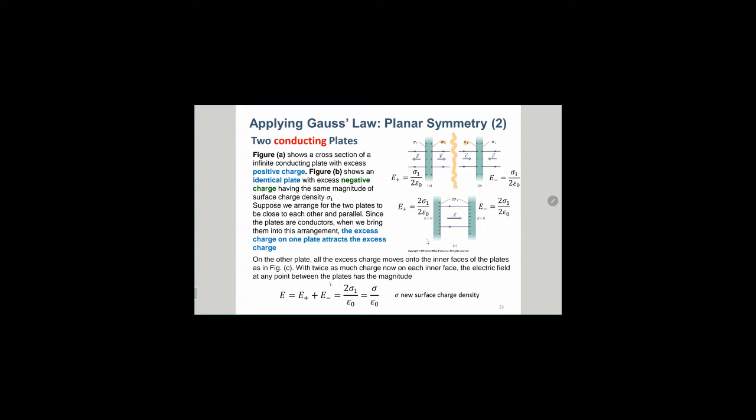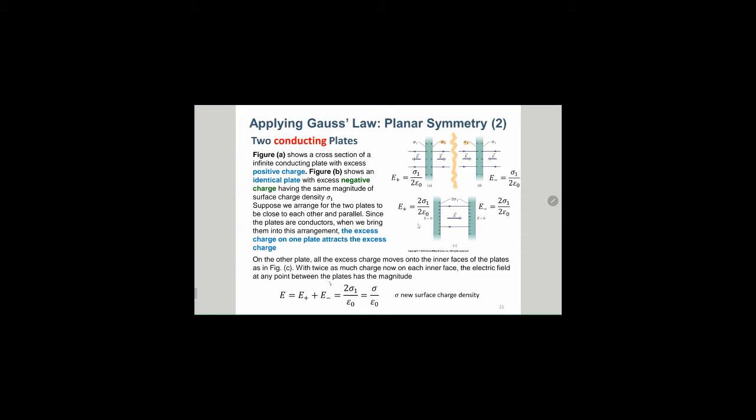So for the left plate, all the positive charge will go to the right surface. And on the right plate, all the negative charge will go to the left surface. Since these charges attract each other, there will be no charge on the left surface of the left plate, and no charge on the right surface of the right plate.